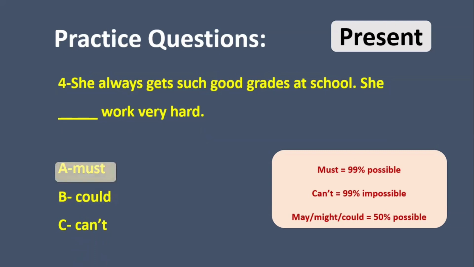And here it does not mean that I'm telling her you must work very hard. يعني لابد أن تعملي جيدا. No, I'm not giving advice, or I'm not talking about obligation. يعني ما في إلزام. I'm just talking about my speculation, my assumption, what I'm assuming or guessing about this girl. She must work very hard. يعني من المؤكد أنها تعمل جاهدة لذلك هي تحصل على درجات عالية في الامتحان.